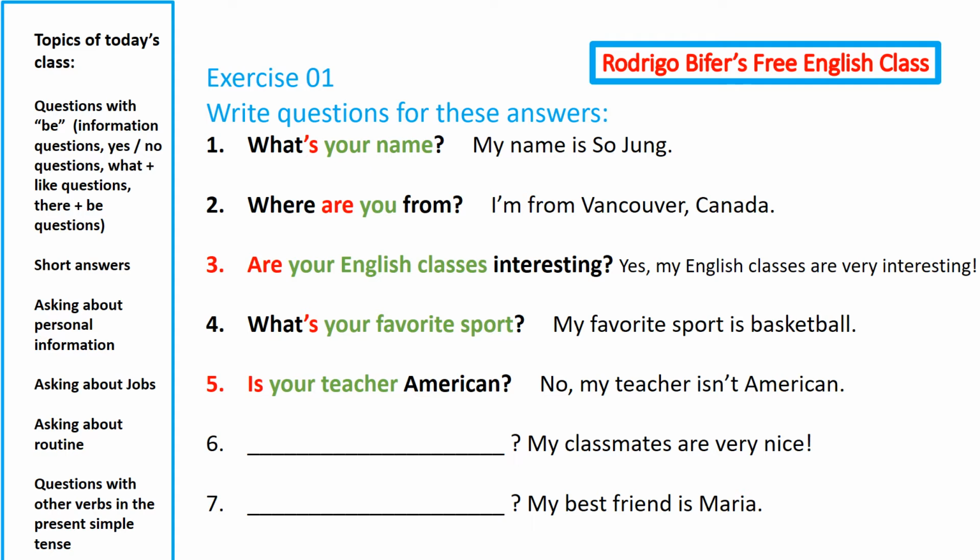Okay, number 6. My classmates are very nice. Wow. For number 6, there is a little difference. Here, I'm looking for a question that we already talked about in some of our past classes.